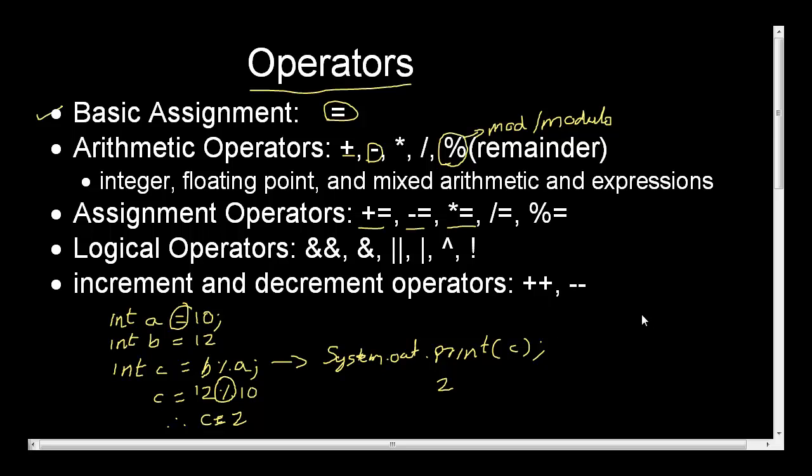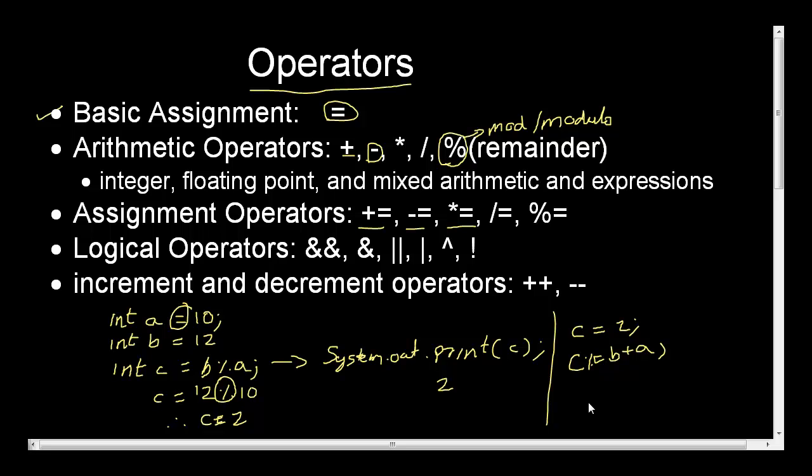So let's take this example again and let's see how the arithmetic assignment would work. Say c. Over here c is of value 2, and then we say c mod equals b plus a.